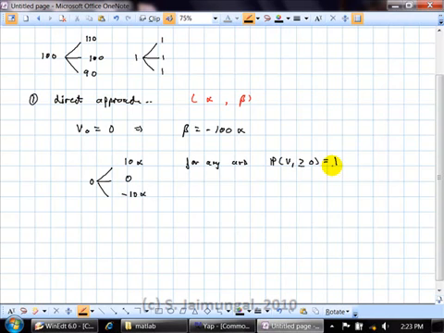If alpha is a positive number, then the up branch is a positive number, which is fine. The middle branch is 0, which is also fine. The bottom branch would be negative, and that violates this condition. And if alpha was negative, then I'd have exactly the opposite. The top branch would be negative, which already violates this condition. So we already know that we can't have a negative alpha, and we can't have a positive alpha. The only alpha that satisfies this is alpha equals 0.